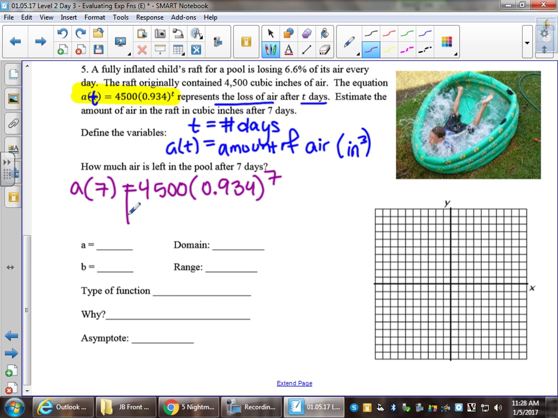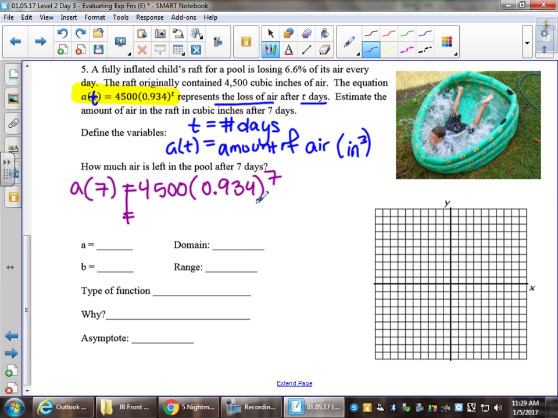When you have an answer to share, please let me know. Good question. The question was, for people on the phones, do you do 0.934 times 7? It's not times 7, it's raised to the 7. So you would do in your phone 0.934, whatever version of the caret button your phone has, 7.